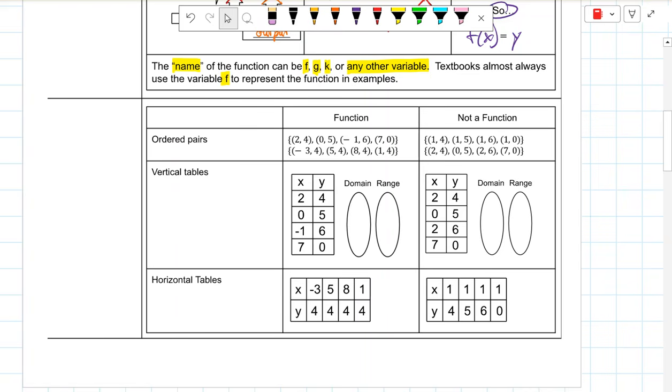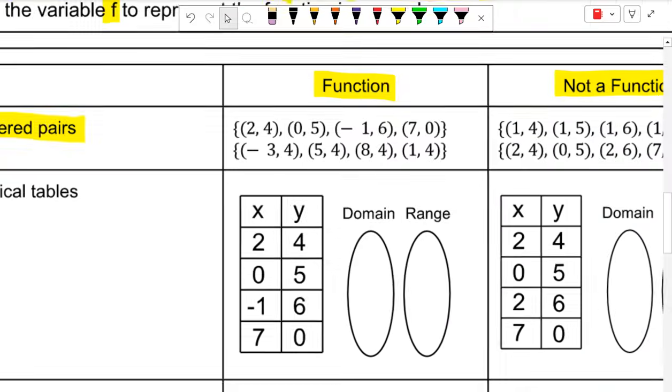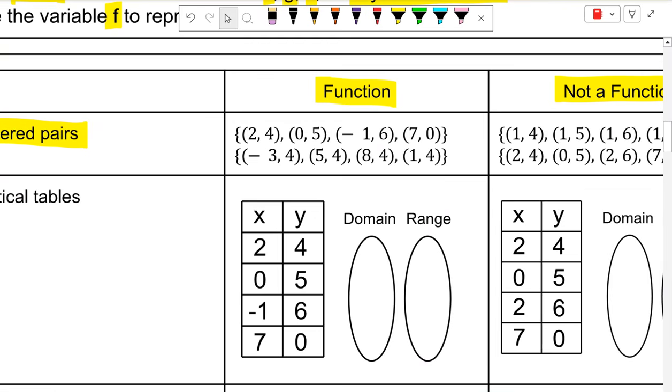So in this next table, we have two categories. We have functions and we have not a function. So we're going to look at what these are when we're looking at ordered pairs. Now specifically, we have two sets of ordered pairs up here. We're going to look specifically at the x values. We have a 2, a 0, a -1, and 7.